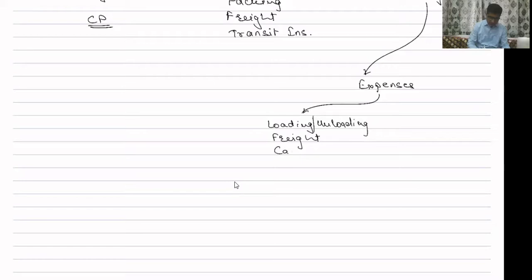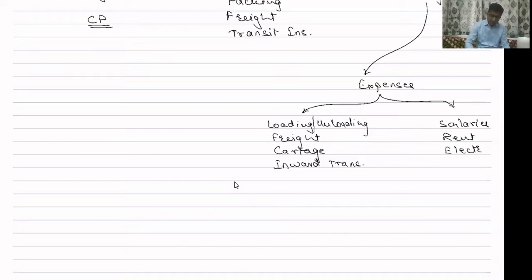He may pay cartage. He may pay the inward transport, that is for moving the goods from the transporter to the consignee's place. And he may also incur the expenses related to salaries, rent, electricity, or he may also incur the expenses related to selling and distribution.